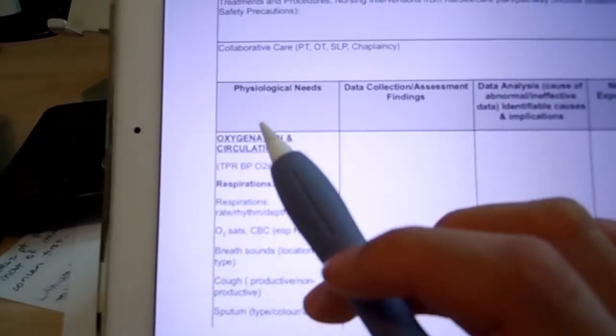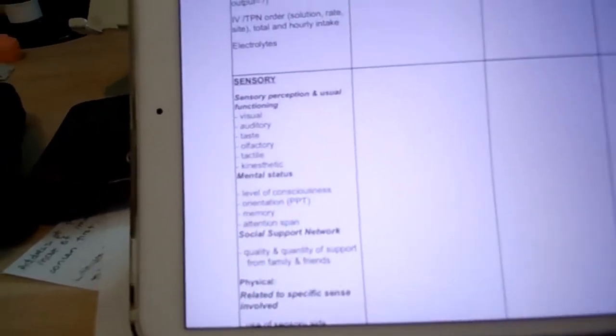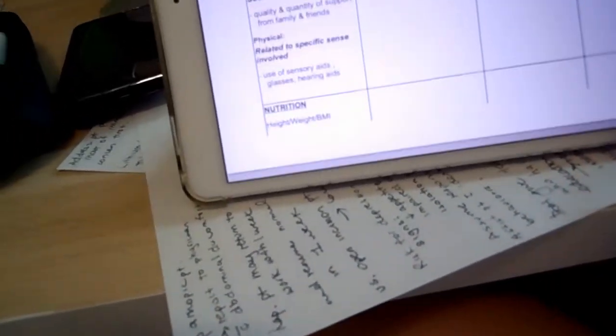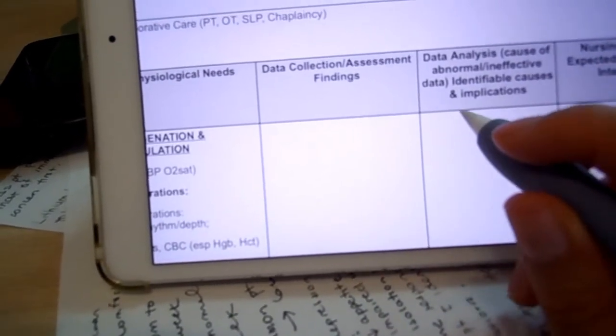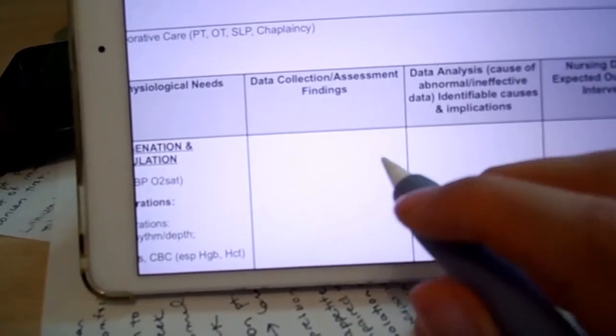And then it goes through the 12 needs, so oxygenation, circulation, fluids and electrolytes, sensory, status, nutrition, elimination. So you would go through your day and collect the data within the 12 needs, and then you would say what you saw that was abnormal, and you could explain it, and you could write why that might be occurring.